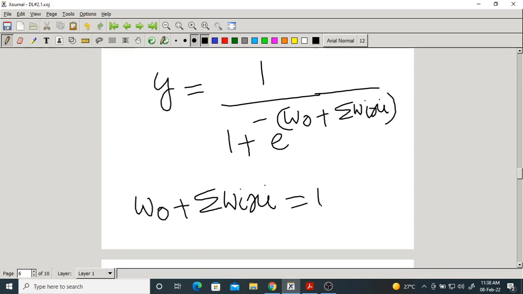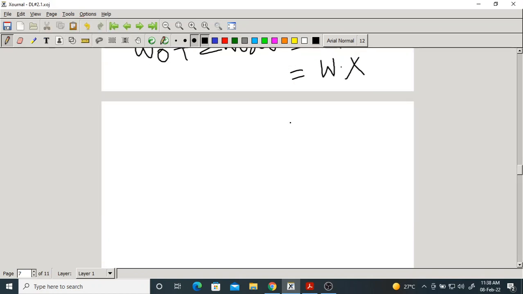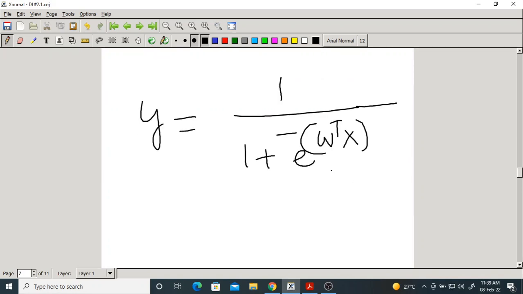This is nothing but omega transpose x, or omega dot x. We already discussed these things. So the sigmoid function, the logistic function that we are using right now, is 1 by 1 plus e power minus omega transpose x, or you can also write omega dot x.